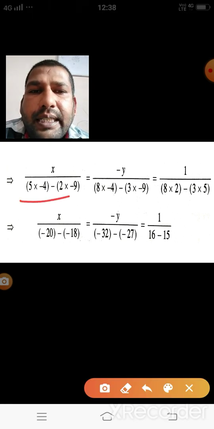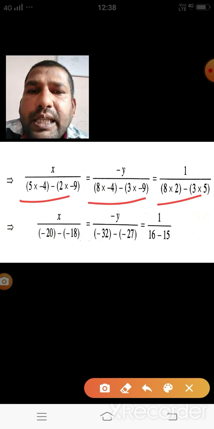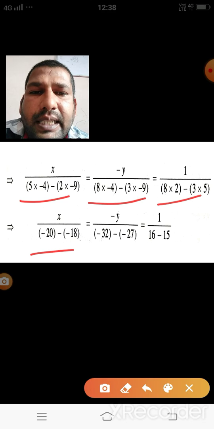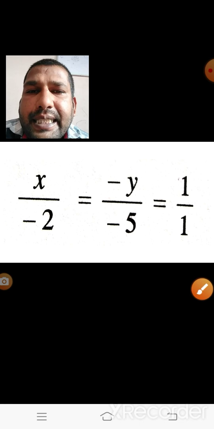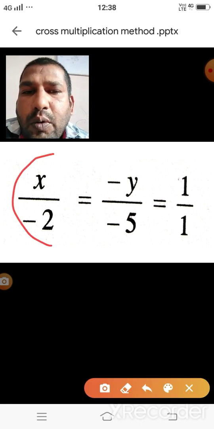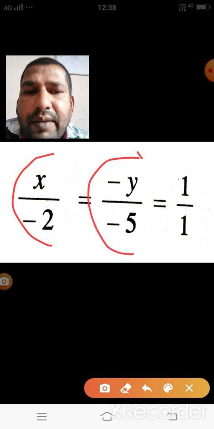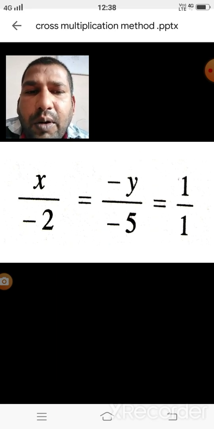x upon this, minus y upon this, 1 upon this. Then we solve: x upon minus 20 minus into minus 18, minus y upon minus 32 minus into minus 27, 1 upon this. And on solving, we get x upon minus 2, minus y upon minus 5, 1 upon 1.